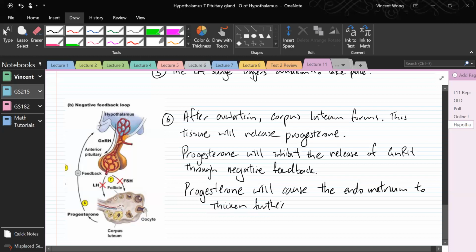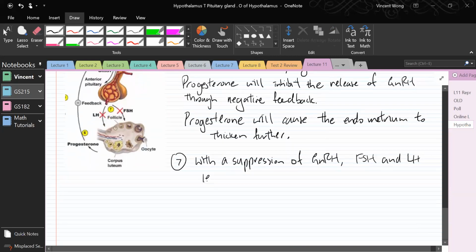Okay, so we'll further develop the endometrium because implantation could happen anytime now. So number 7, what happens is with a suppression of GnRH, FSH and LH levels decline.